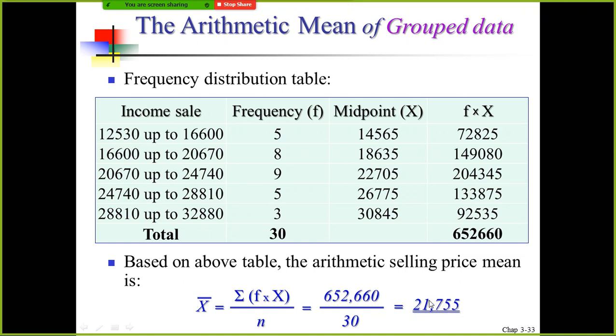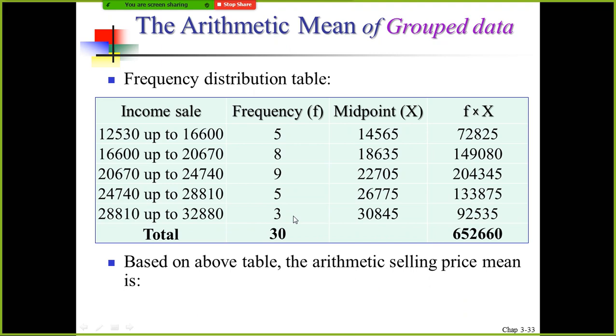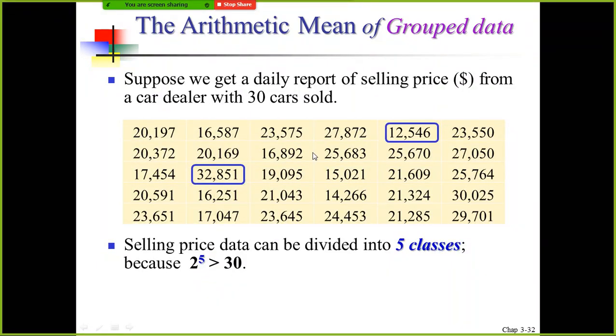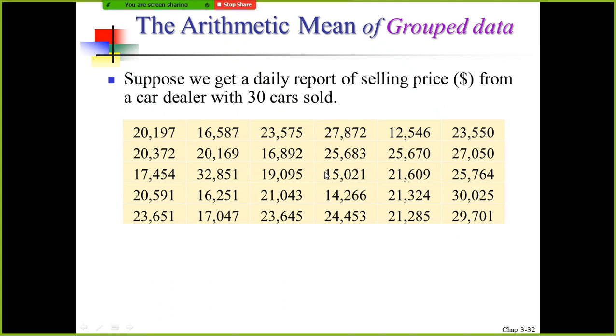21,755 is the mean from the grouped data. If you find the mean from the ungrouped data, it may not be equal to 21,755. Maybe it is different, maybe 700 or 600 or 500 or maybe 400 or 800, something like this.